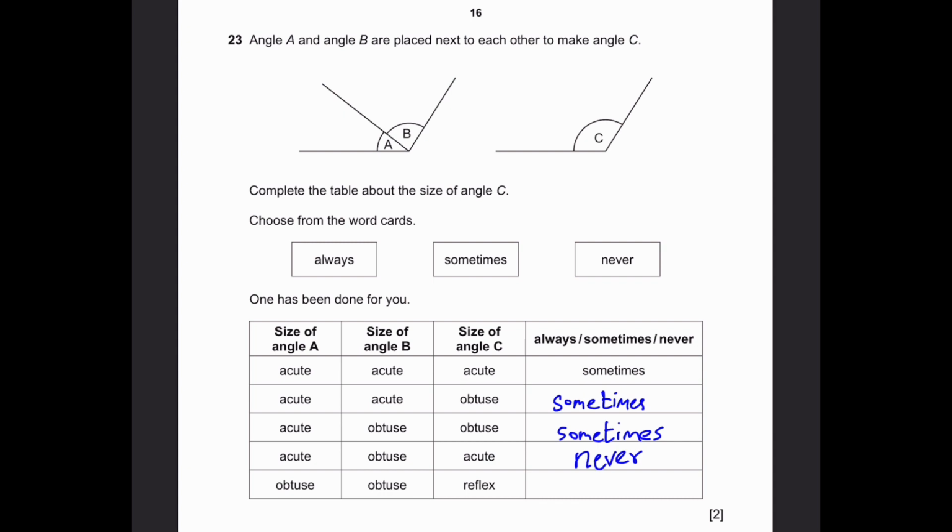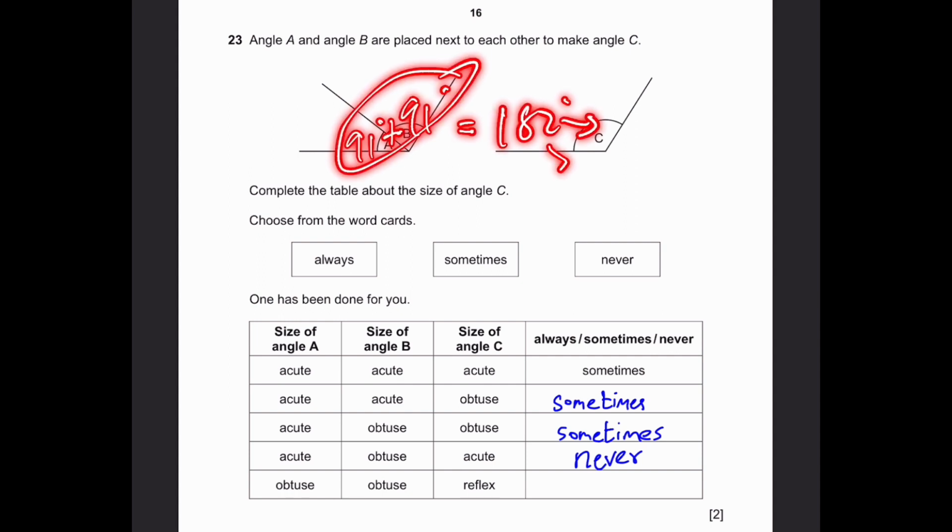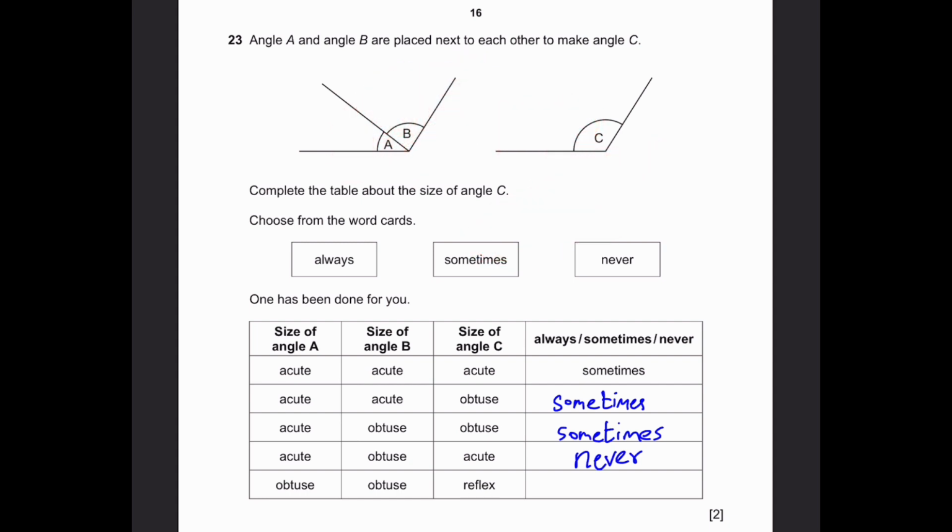We need to check the lowest possible obtuse angle, which is 91 degrees for both. If we add it up, if we get a reflex, that means we can say that there's always, otherwise it's sometimes. Add it up, we get 182 degrees. Let's see, that's greater than 180 degrees. And because of that, we can say that it is reflex angle. So this is always true.